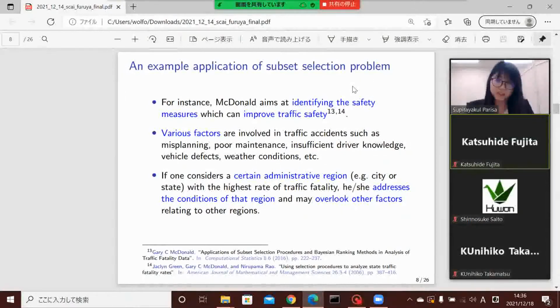If one considers certain administrative regions like a city or state with the highest rate of traffic fatalities, he or she addresses the conditions of that region, but may overlook factors related to other regions.